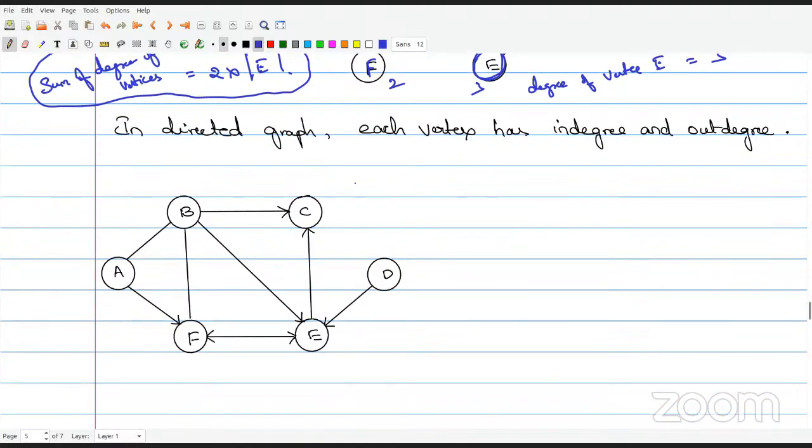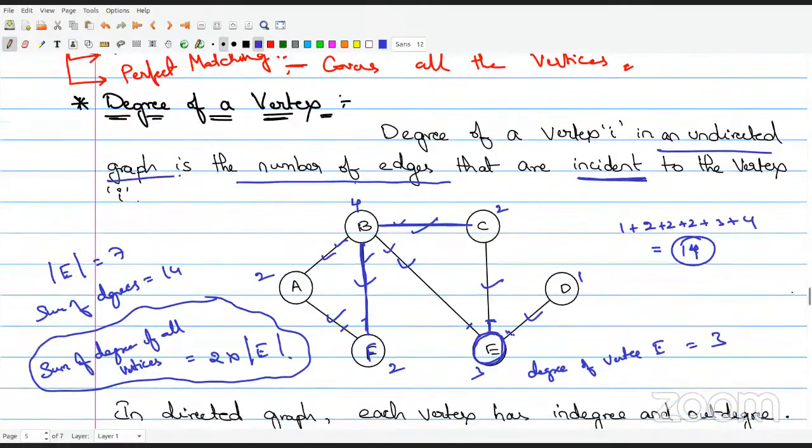What do you mean by adjacency? Adjacency means between two vertices. So I will say vertex A is adjacent to vertex B. When will I say they are adjacent? If they share a common, direct edge. So if there is an edge between two vertices, then I will say neighbor. So adjacency means neighbor.